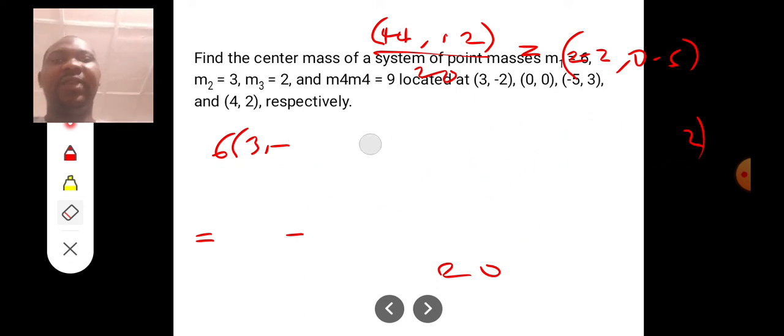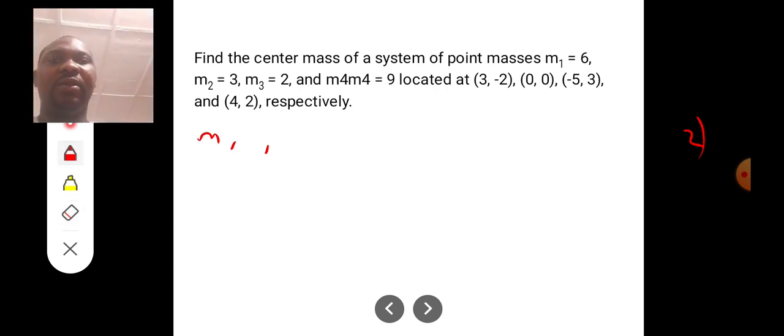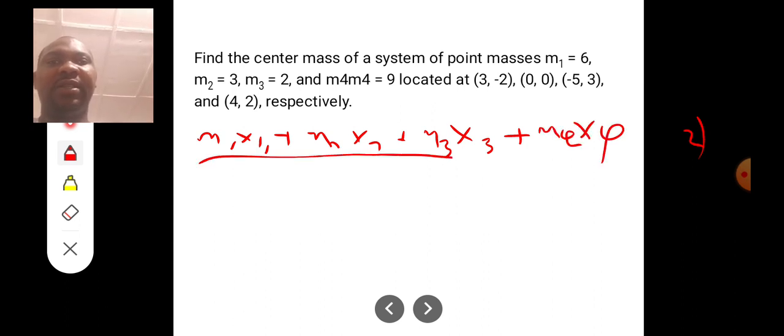Now another way we can actually solve this is by choosing each of the x coordinate and the y coordinate and solving them separately. For example, if I pick just the x coordinate, I'm going to have m1x1 plus m2x2 plus m3x3 plus m4x4, everything all over m1 plus m2 plus m3 plus m4.